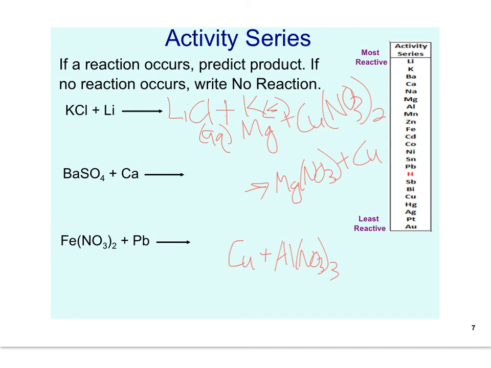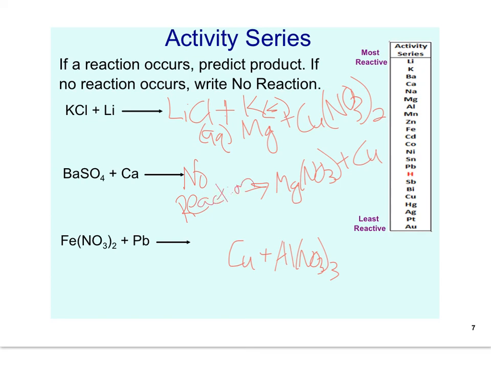If we look at the next example, we have barium versus calcium, and sulfate is going to be our referee. If we compare barium right here to calcium, we see barium's crazier. So sulfate needs to hold back barium. We can trust calcium a little bit more on its own. So guess what? We can simply write no reaction is going to occur.